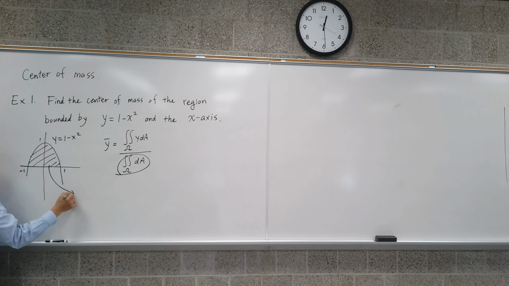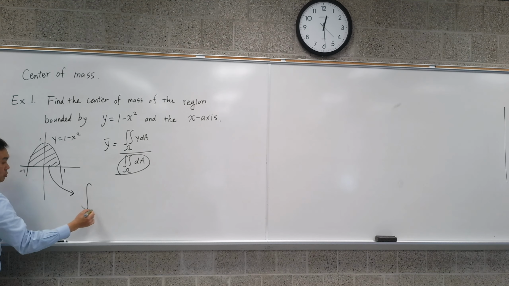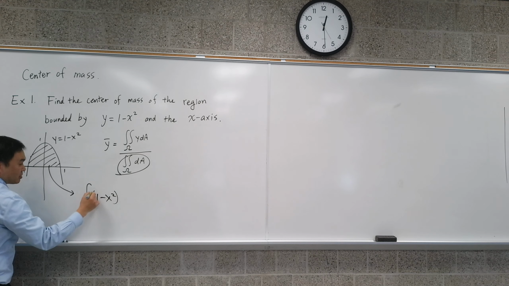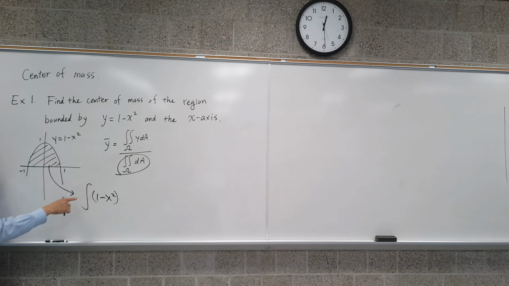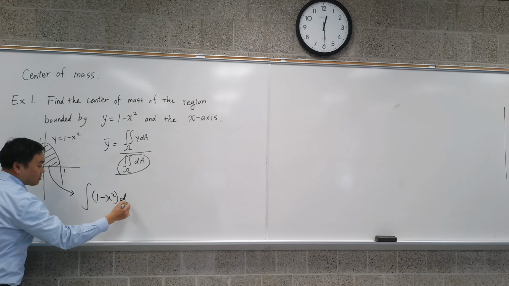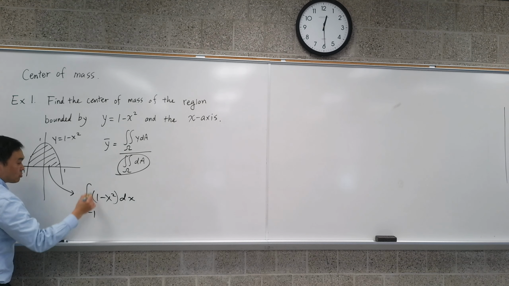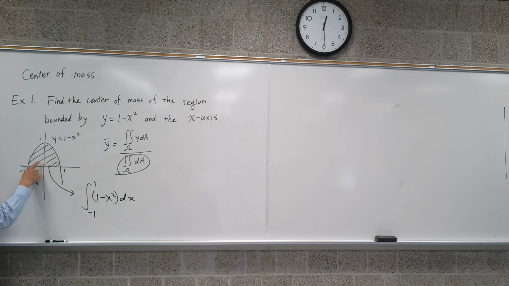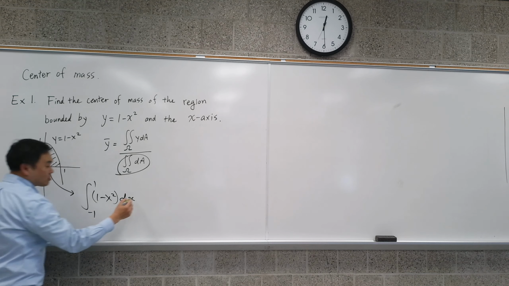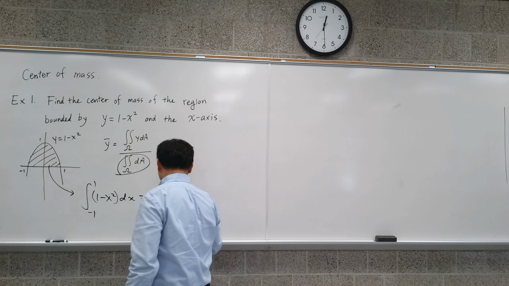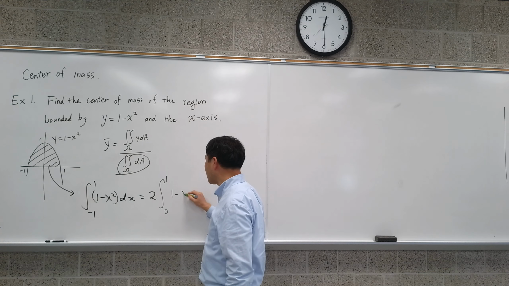You take this integral of 1 minus x squared, because it's the area under the curve. It's simply this integral from -1 to 1. And furthermore, because of the symmetry, you can just double the integral from 0 to 1, which is a lot easier.